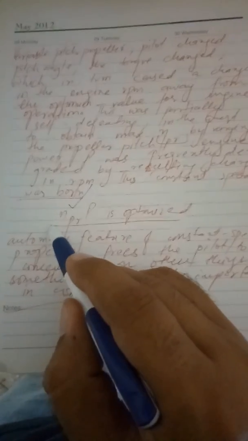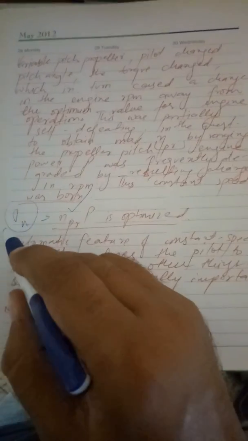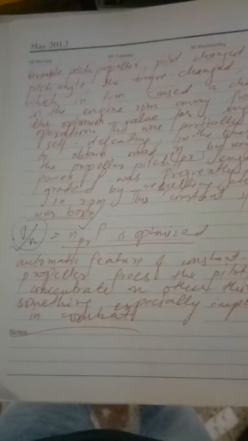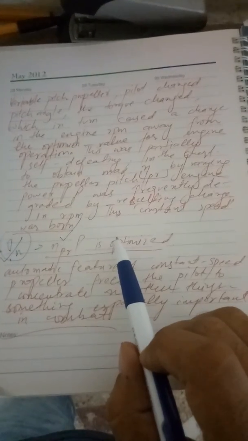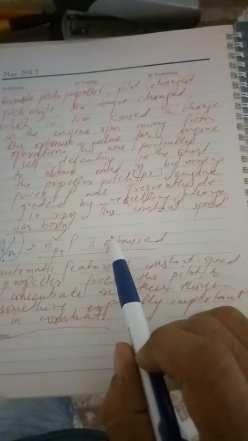η_P P is optimized. We normally want this power, the power generated by the propeller, to be optimized, because this is our main focus, whatever the change of pitch, angle, altitude or distance.